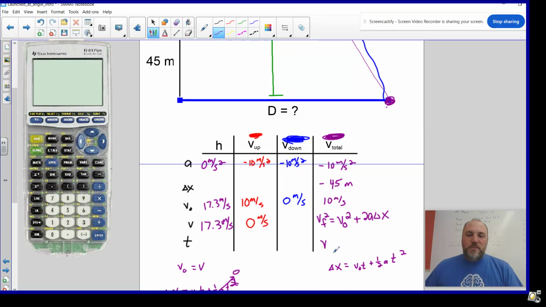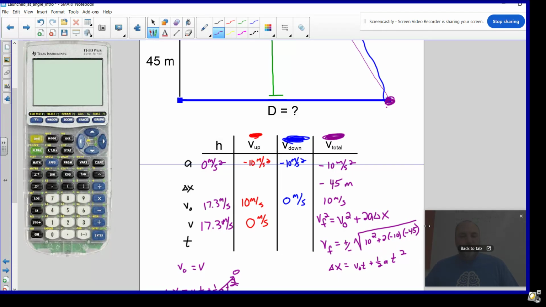But I don't want v final squared, I just want v final. So of course, I'm going to take the square root. But as we learned in math, when you take the square root in an equation, you're supposed to write plus or minus. So I can do that with my initial velocity, that is 10 meters per second, squared, plus 2 times the acceleration times the displacement, negative 45. Okay?